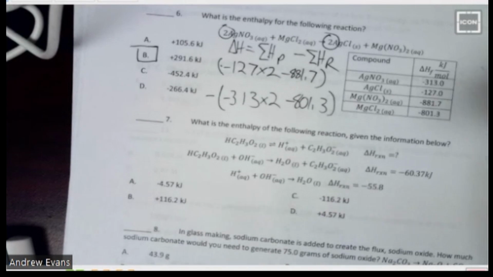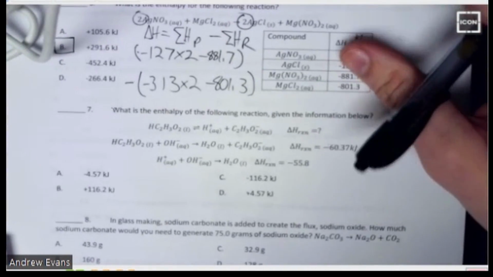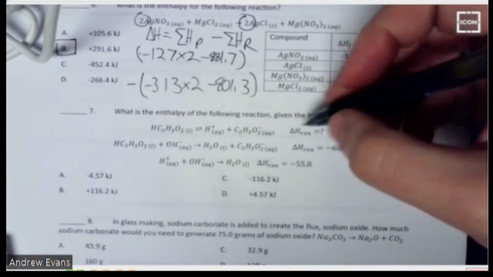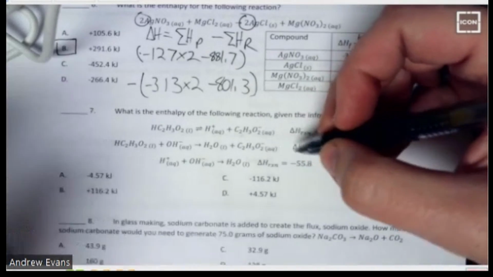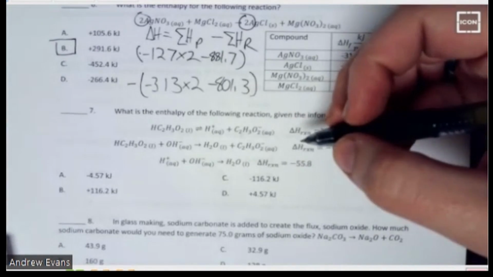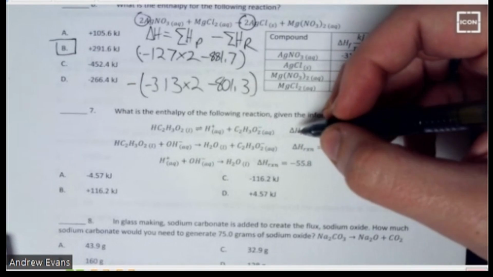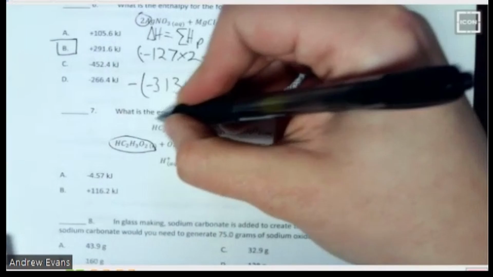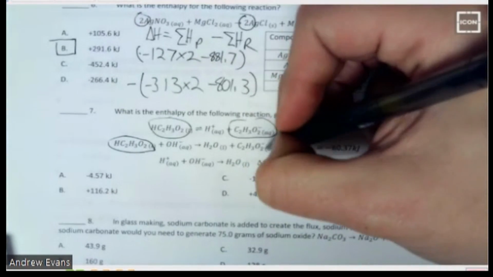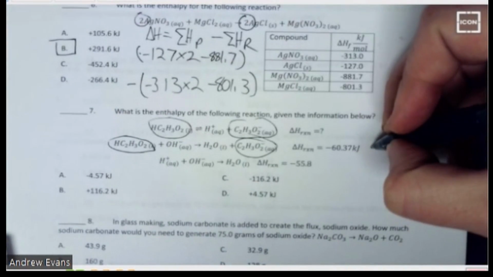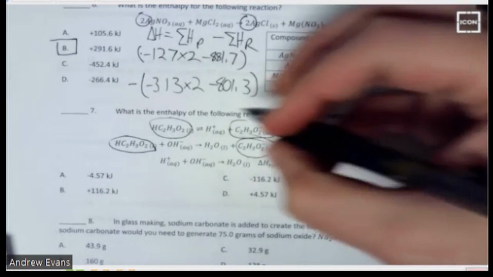Here's a Hess's law problem. Hess's law is, in what way do we manipulate these two equations to get that equation? Well, I look here, this matches. So I want to use this equation as given, just times 1. But this guy is on the opposite side.